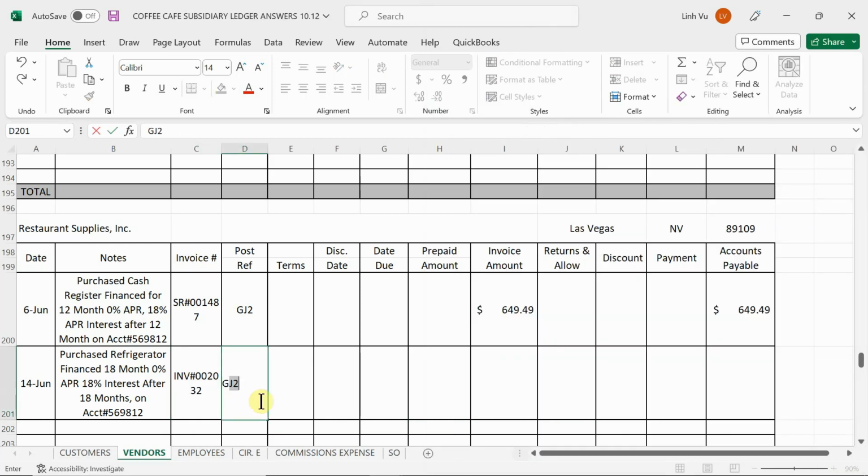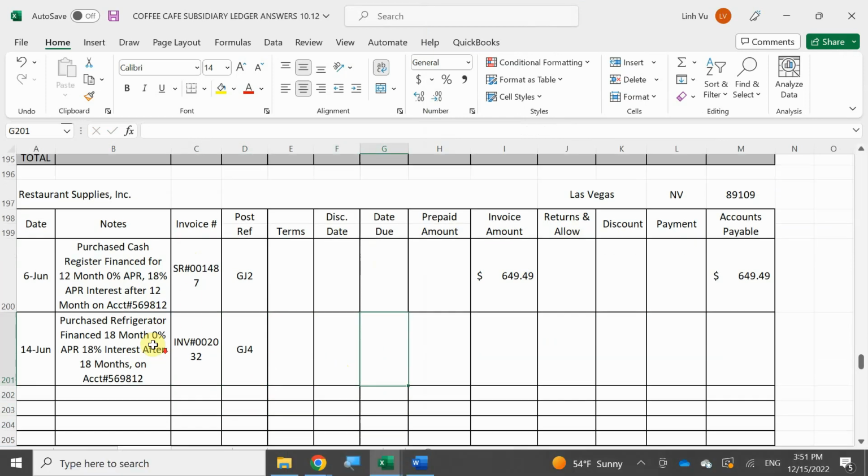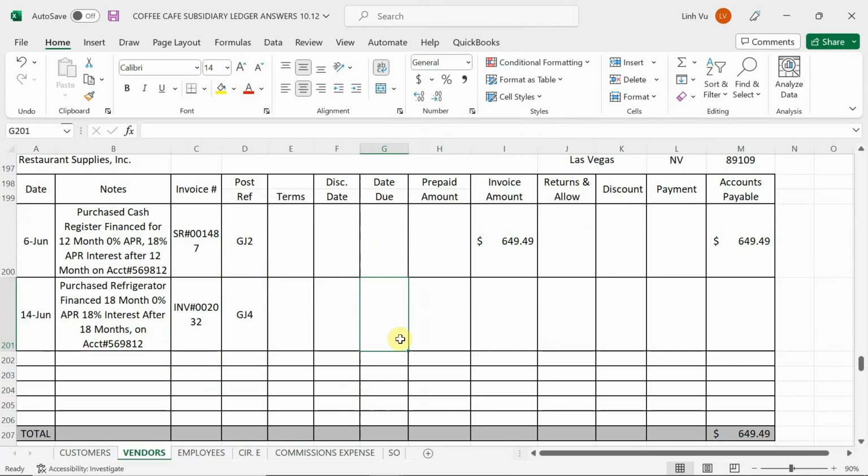Okay. General journal page 4. Terms: we don't really have a terms due date or anything. We haven't received our first bill yet. But we know that the invoice here is for the 18-month financing, but we are not subject to having to make any payments anytime soon. We have the 18 months free period to pay the $3,495.34.